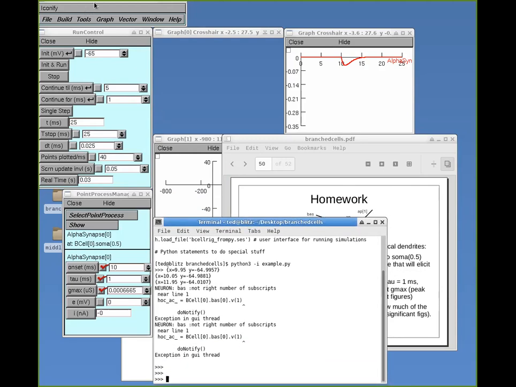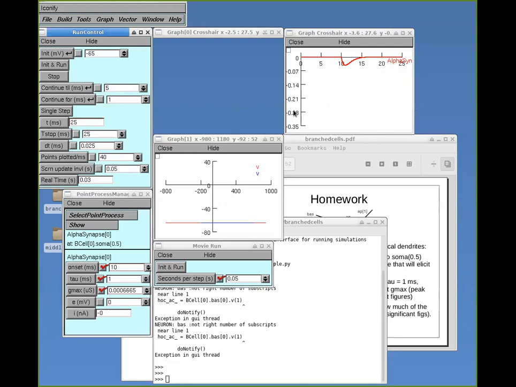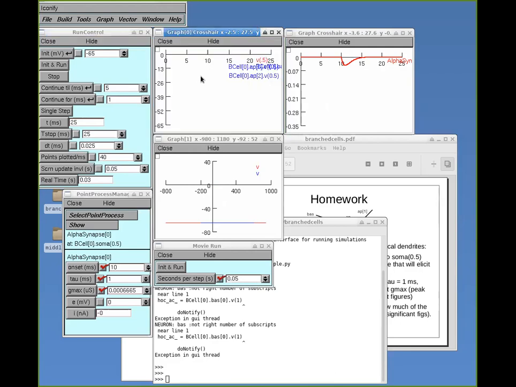And I'll click on that, and we will now see. I'll get that back, and now I'll have to move something. Move this last one. There's base. There's apical. Okay, it'll be soma in the middle, base, apical 0, apical 2.